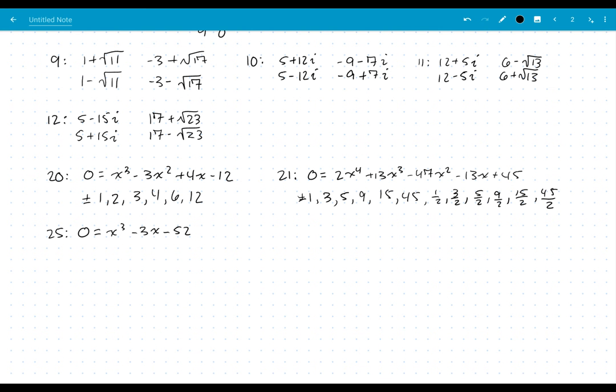So all of our possible rational roots are plus or minus 1, 2, 4, 13, 26, and 52. And then from there, we can do our synthetic division. So we have 1, and then 0 for the x squared, and then minus 3x minus 52.